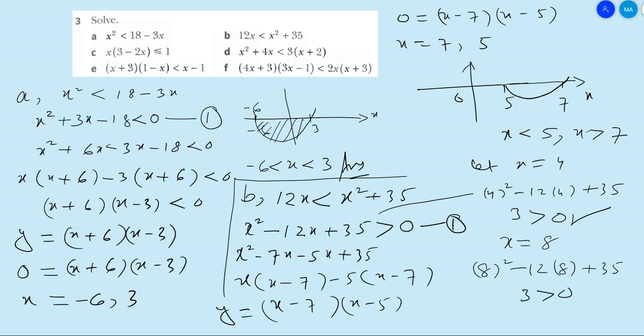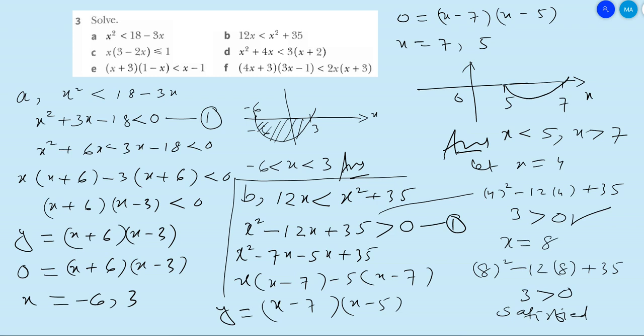Not necessarily 3, but 3 in this case. And 3 is greater than 0. So it is also satisfied. Hence, our answer x less than 5 and x greater than 7 is correct. This is our answer. So hope you understand part B.